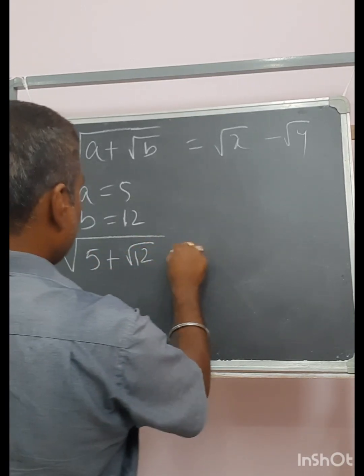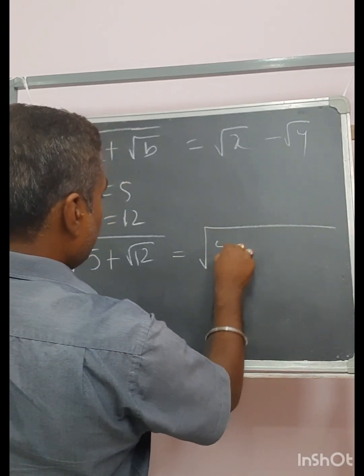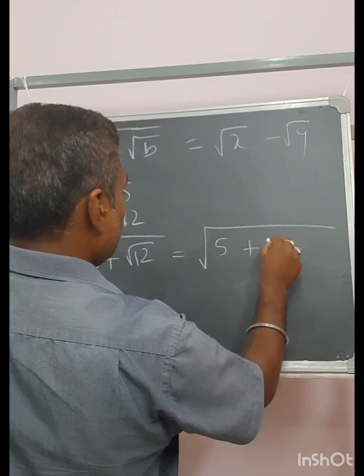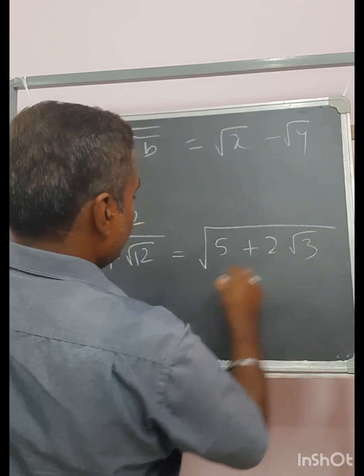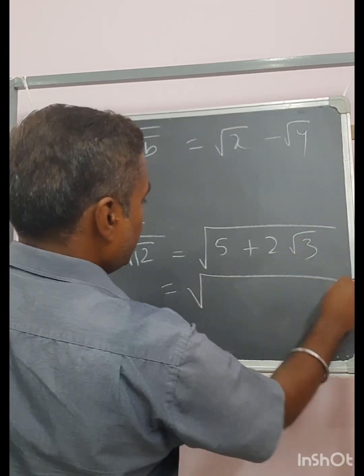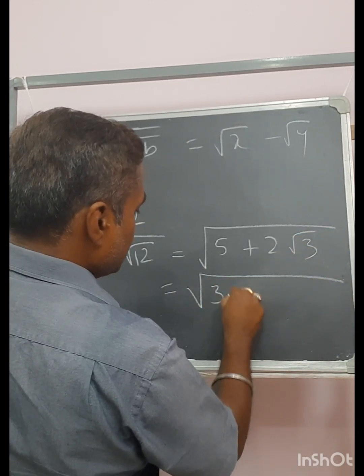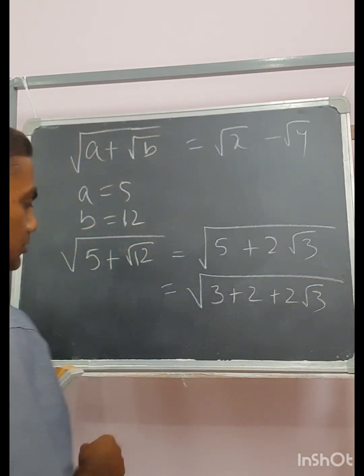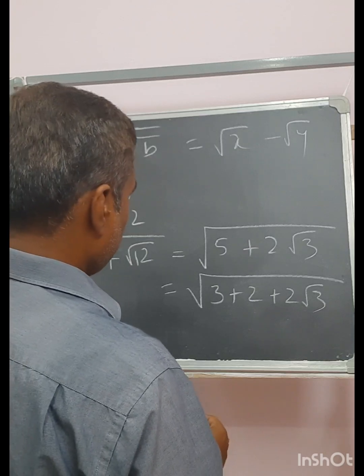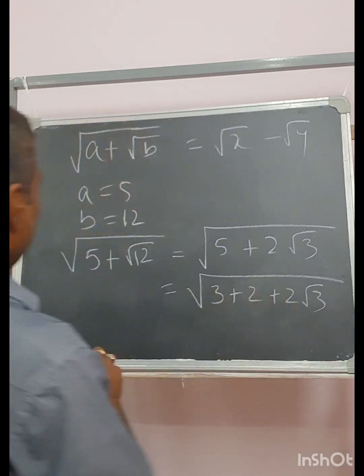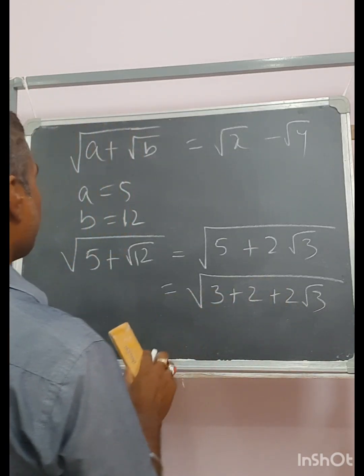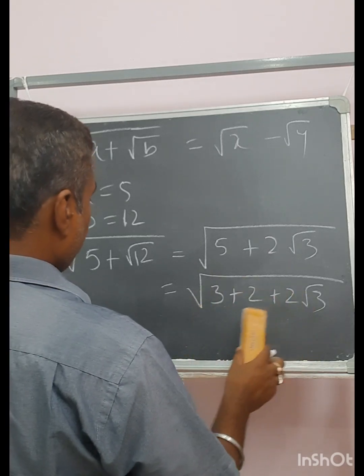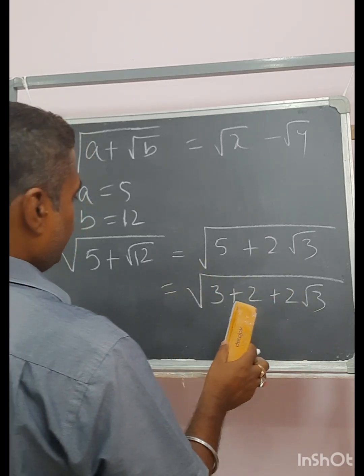Now it is equal to under root of 5 plus root 12, I can write 2 root 3. So 5 can be divided into 2 parts, 3 plus 2, and 2 root 3. In this case I will check with another number, because this will not give you a perfect square, then it will be difficult.